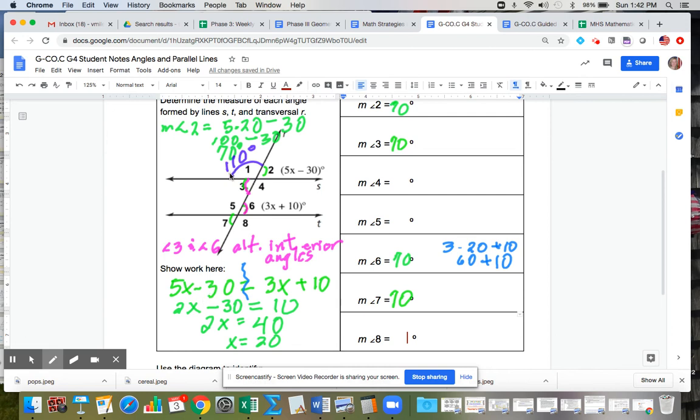Why is that? Because these angles form what's called a linear pair. They are next to each other on a straight line, and they add together to equal 180 degrees. So to get the measure of angle 1, I simply subtracted 180 minus 70 to get 110 degrees. So you will write that the measure of angle 1 up here is also 110 degrees.